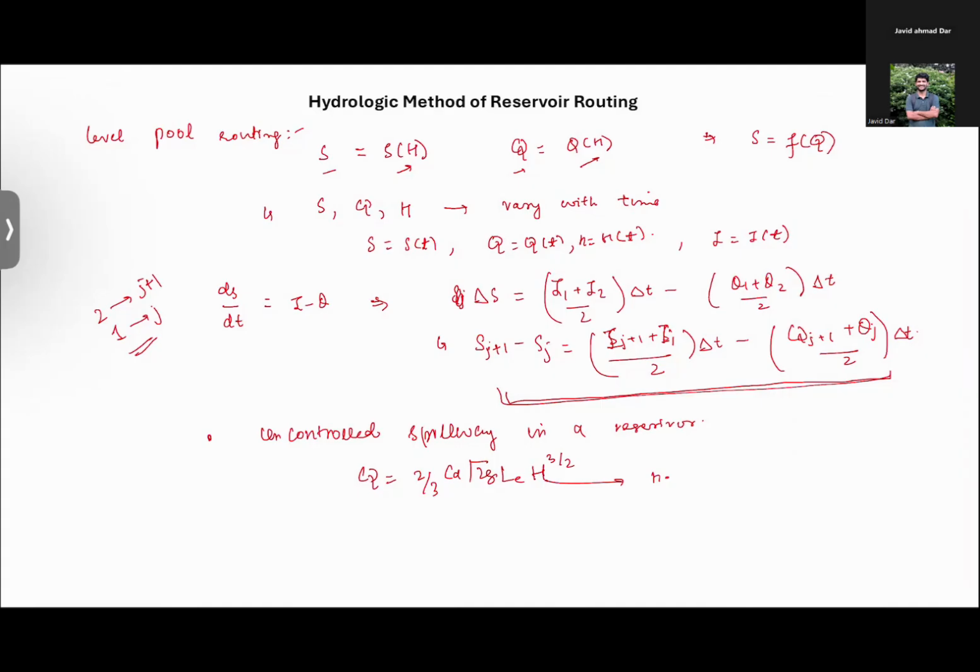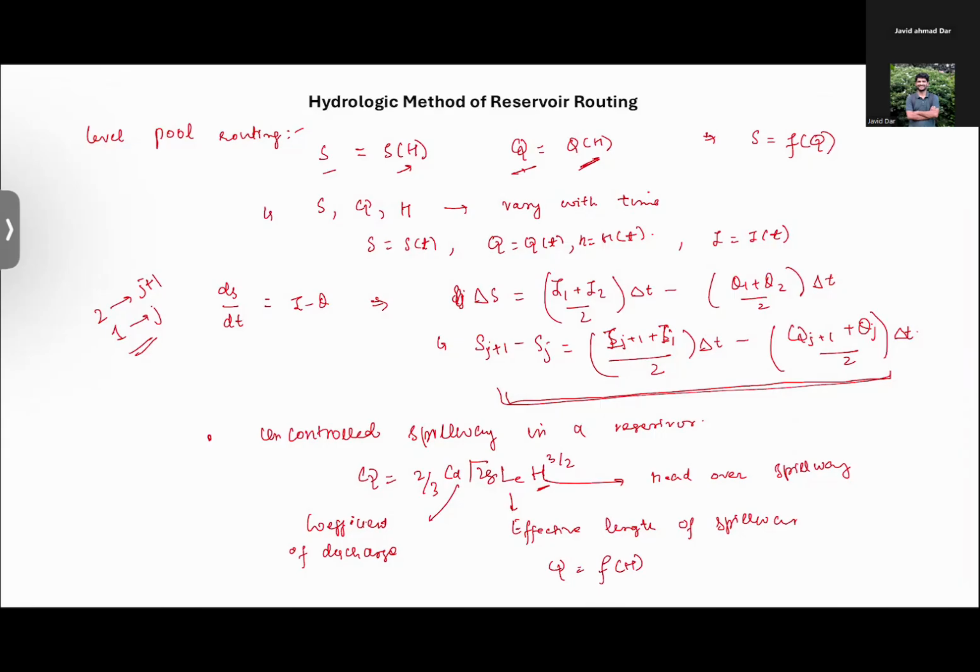This is the head over the spillway, this is the coefficient of discharge, and this is your effective length of the spillway. So if you look clearly, Q here is a function of H, which we require in this method, that Q needs to be dependent on the depth of the reservoir.